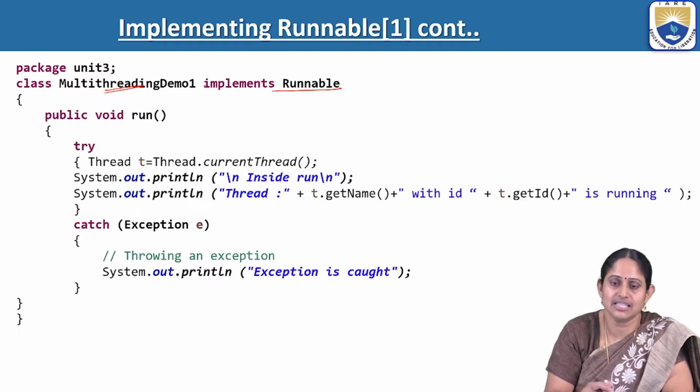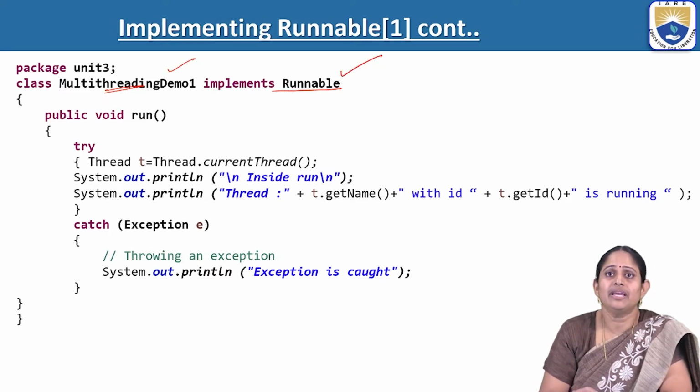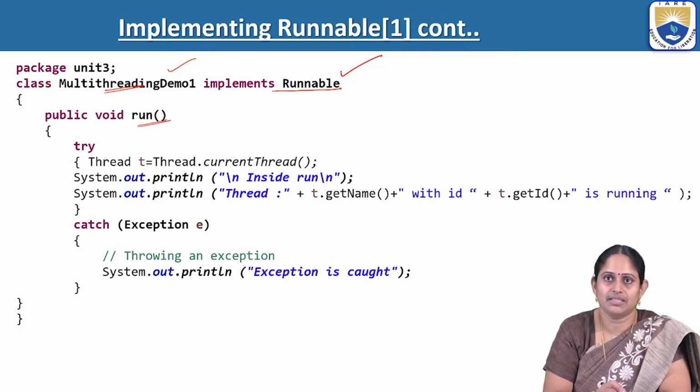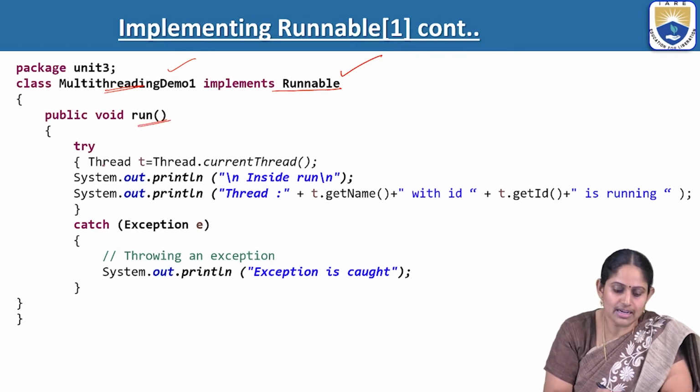That means this is the thread which will be implementing our logic, and this will be the one which will be creating the child thread. Inside that, as I've told you, we have to implement the run method. Since there are chances that it may throw an exception, we are putting that inside the try catch block.